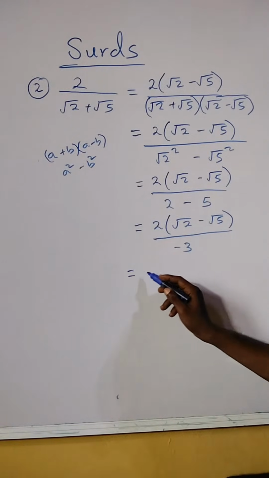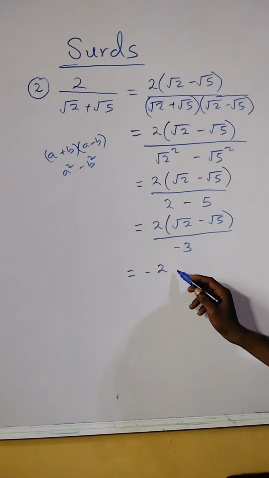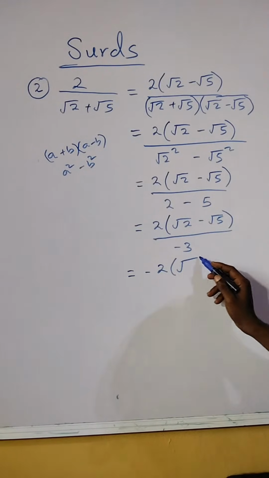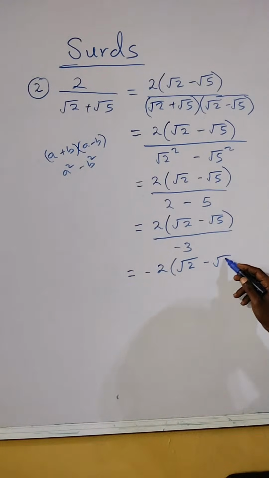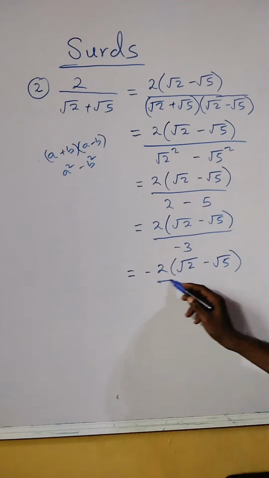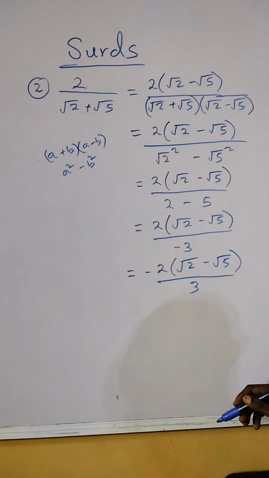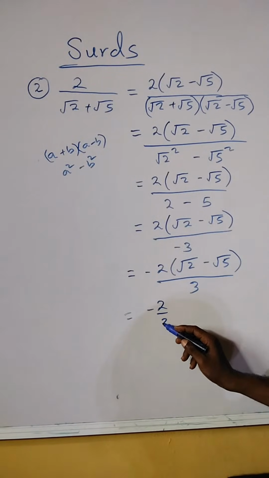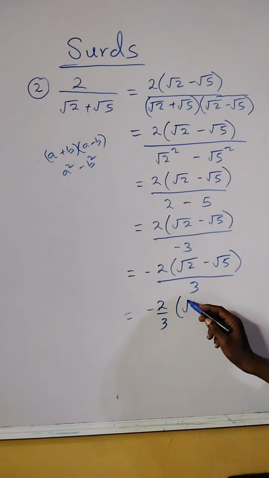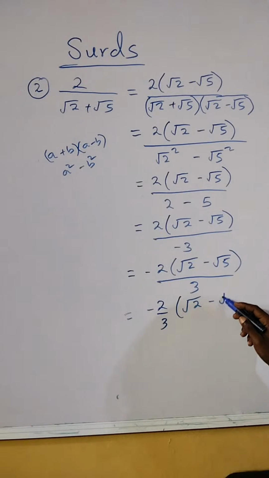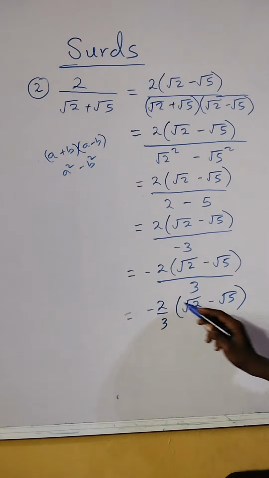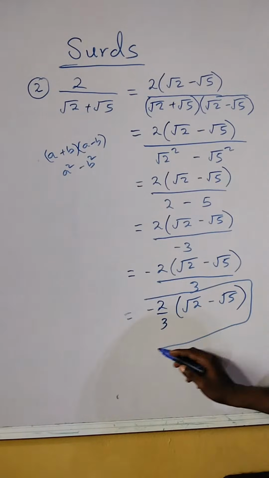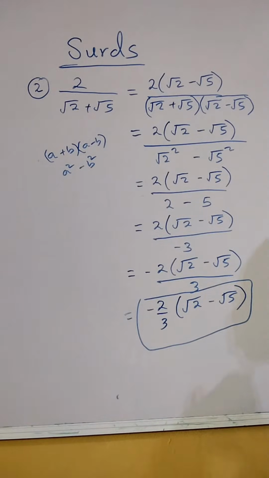And we can write it as minus 2 into bracket root 2 minus root 5 all over 3. Or we can say this is minus 2 over 3 multiplied by root 2 minus root 5. So here we have this as the simplified form of this given problem.